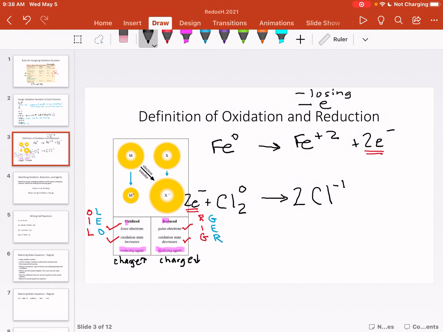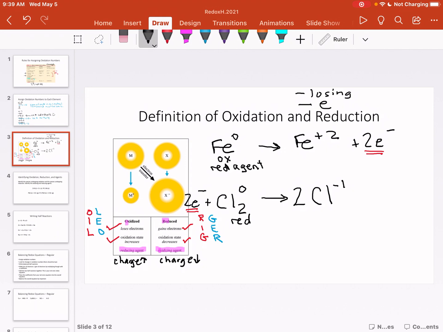So here, if we had to label who's oxidized, we would say it is iron 0. If we had to say who's reduced, we would say it is the Cl2, 0. If we had to say who is the reducing agent, we would say it is the iron 0.